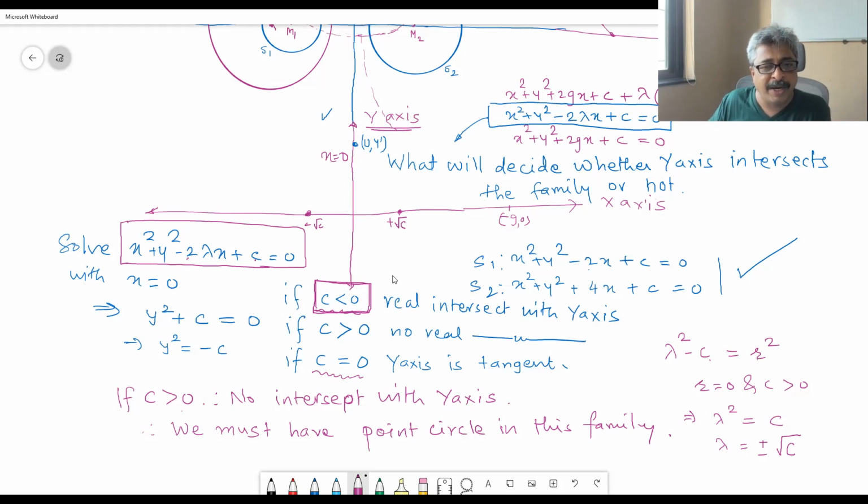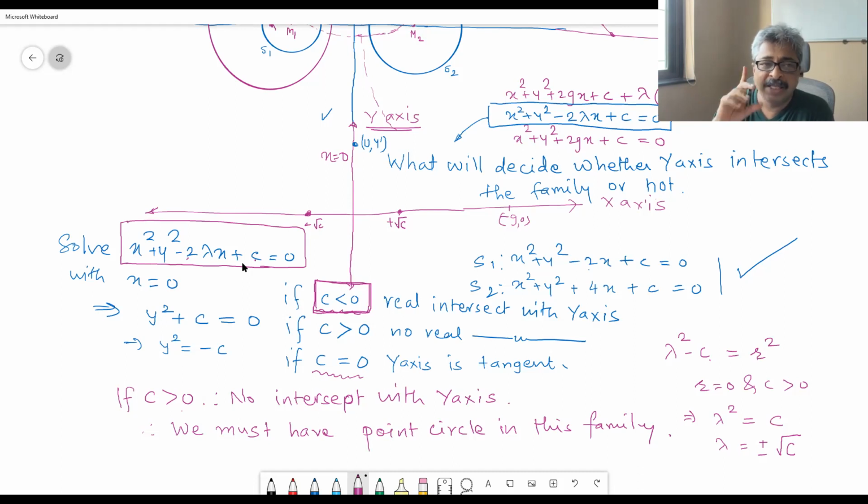We can find out the coordinates of those 2 point circles also. One point circle will be at plus root c, and another point circle will be at minus root c. And this is the general equation. So lambda and c, how they are controlling these two families, we can see very well.